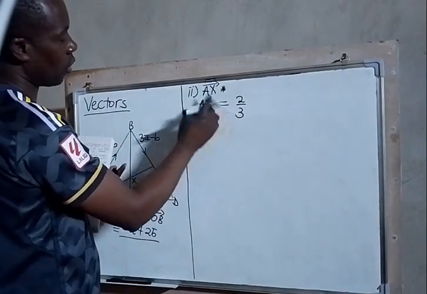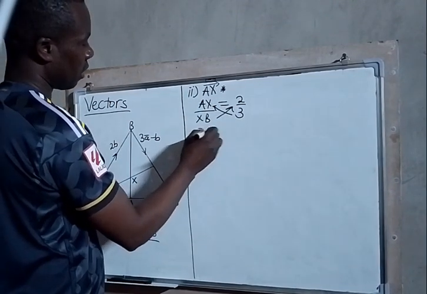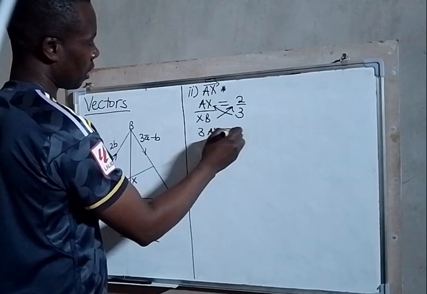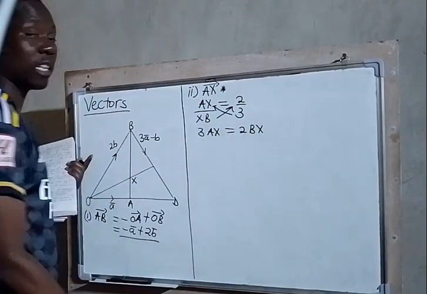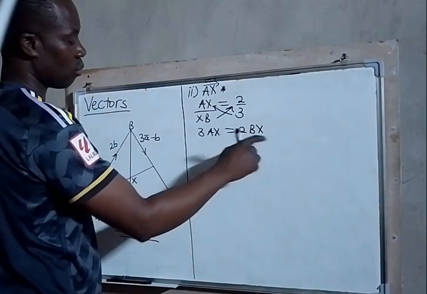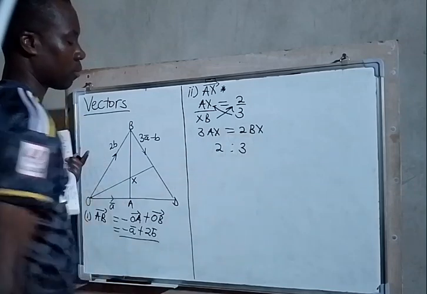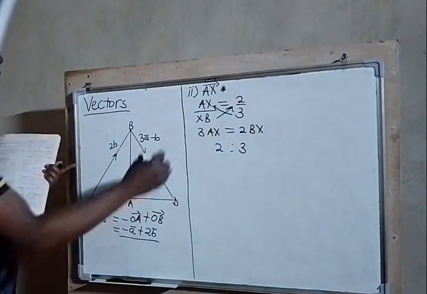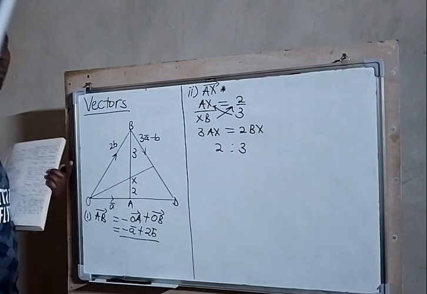So we do cross multiplication. This is 3AX being equal to 2BX. Now the ratio AX is to BX is 2 to 3, meaning that BX is 3 parts and AX is 2 parts.